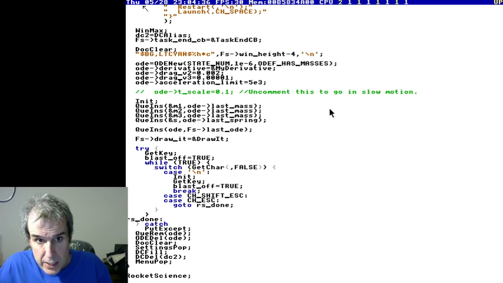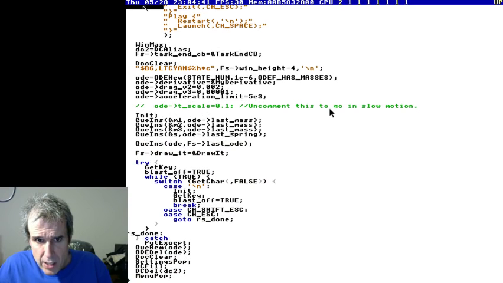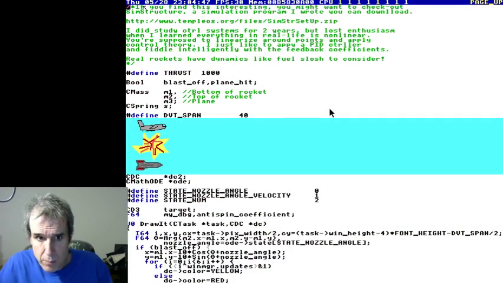But anyway, the SimStructure application just had circles for masses, but what we do with this is we make a sprite and we put it on top of the mass. So there's actually two masses for the rocket, the top and the bottom. And anyway, these masses are global variables.